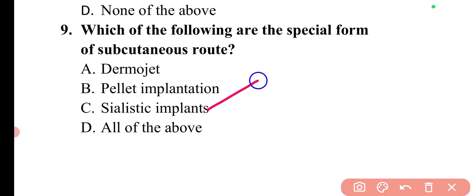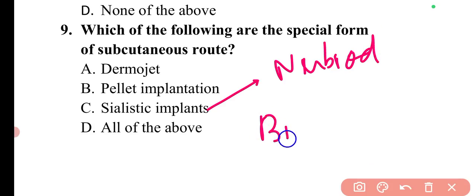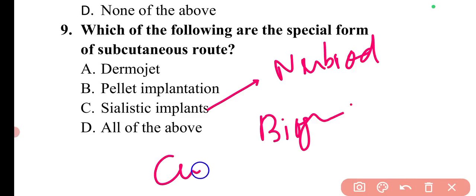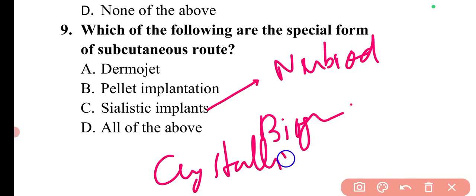Then there can be the third, that is cellulosic implant. These can be non-biodegradable, and there can be biodegradable implants as well. Basically, the crystalline drug is packed in tubes or capsules, which are made of suitable materials, and these are implanted under the skin.